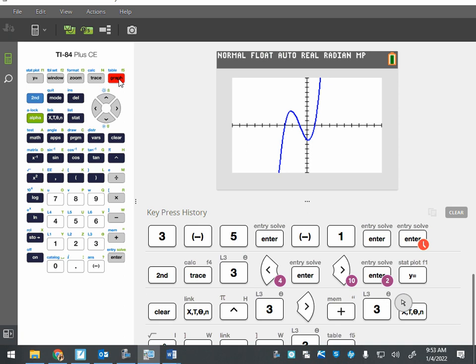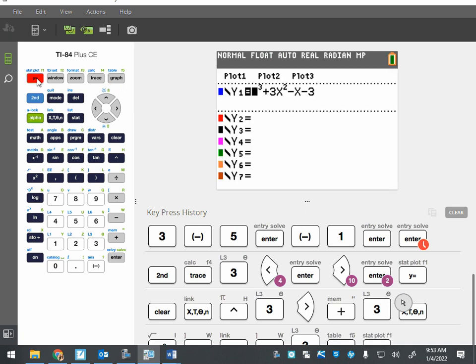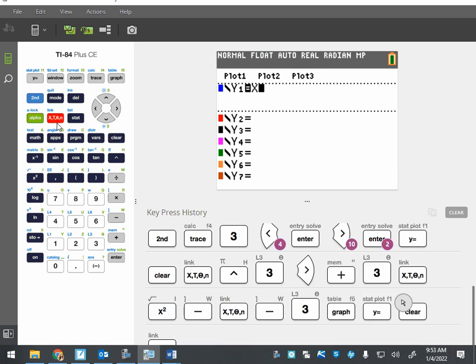Can you go a little bit slower? Okay, x is below the mode key, and below the clear key is the little exponent, 3.